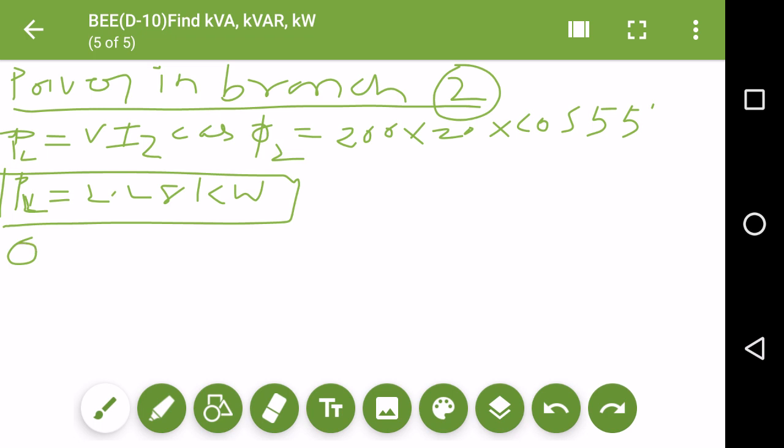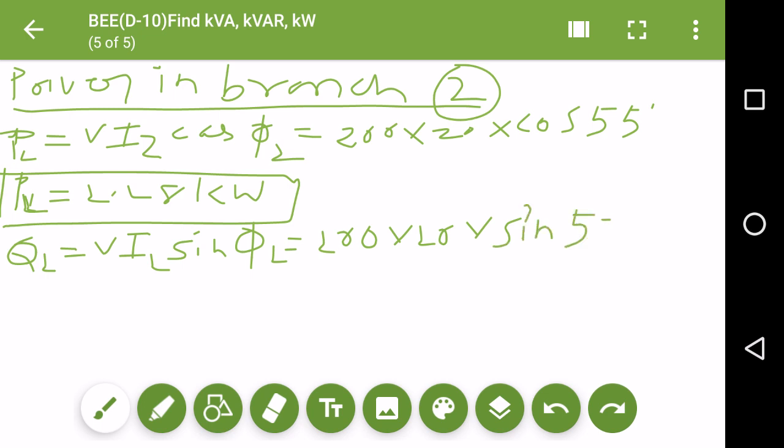Now I will find Q2, and it is given as V into I2 sine phi 2. By substituting the value, 200 into I2 is 20 into sine of 55 gives me the value of Q2, which is 3.28 kVAR.